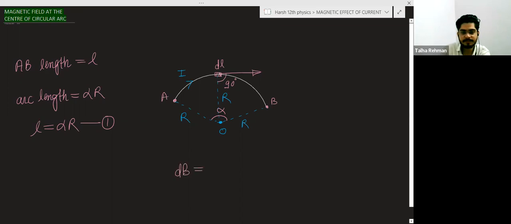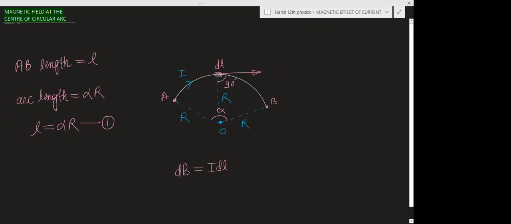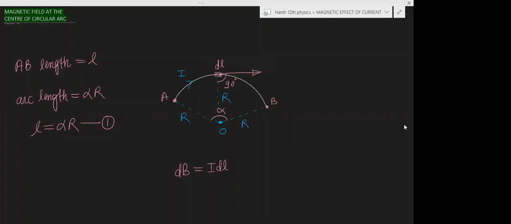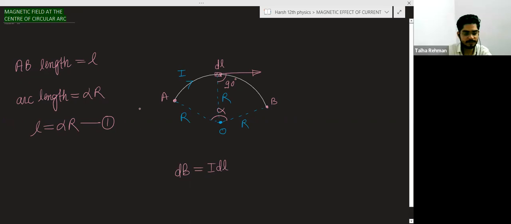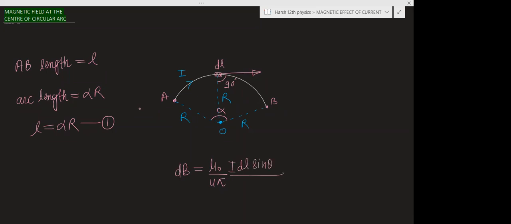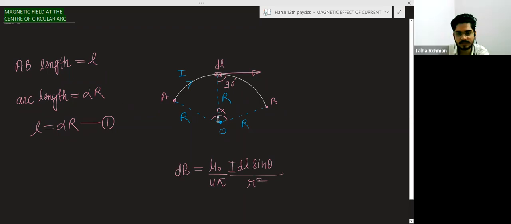For the small element, dB is equal to mu 0 by 4 pi, I dl sine theta, divided by r square.